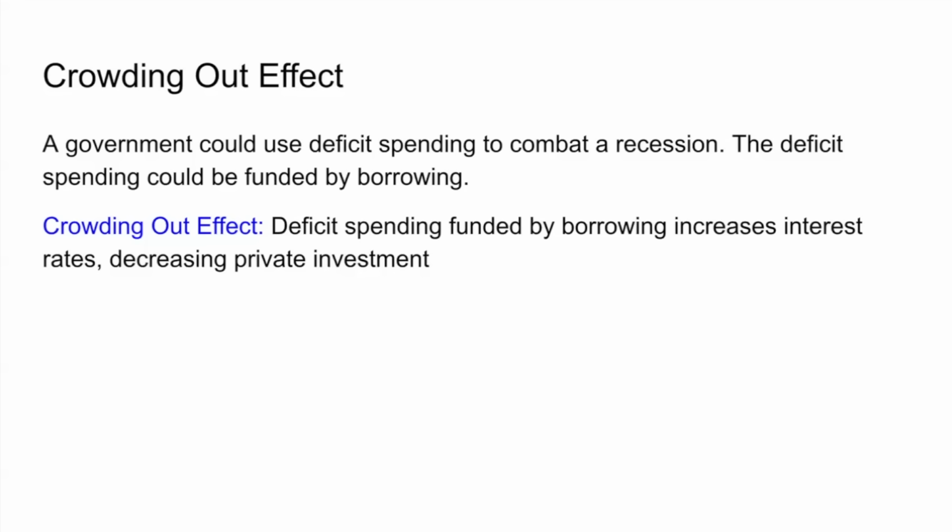As we've seen, a government could spend more, which is expansionary fiscal policy, in order to combat a recession, and therefore they could perform deficit spending in order to combat a recession. How do they get the money? Well, they could get it from borrowing, but this leads to something called the crowding out effect, which is that deficit spending funded by borrowing increases interest rates, decreasing private investment.